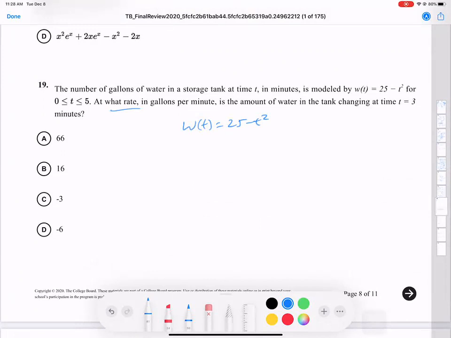So they want to find out what dW over dt is. Okay. What is the rate of gallons per minute? They're looking for dW over dt, the rate the amount of water in the tank is changing at t equal to 3. Okay.